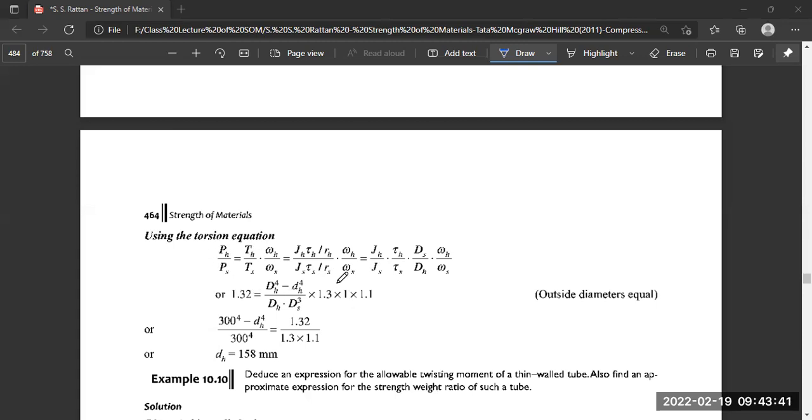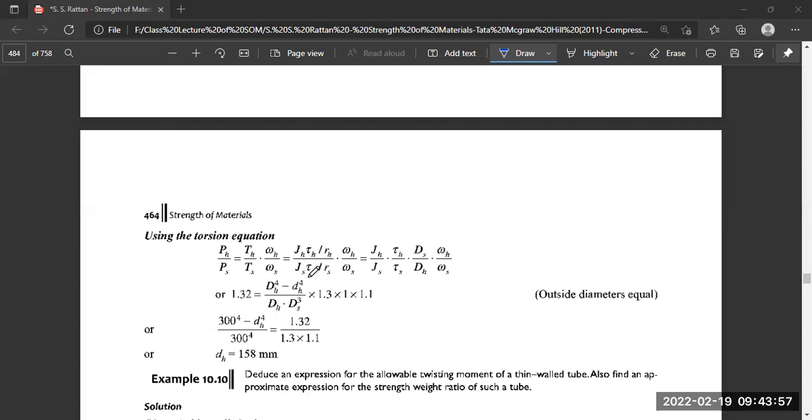Now from the torsional equation, we can replace the torque transmitted by J into shear stress divided by radius, and this relation is applicable to the solid shaft also.